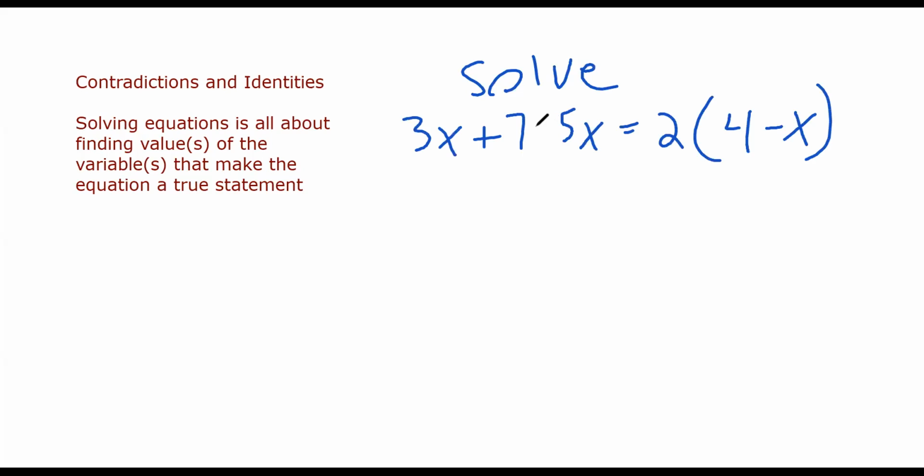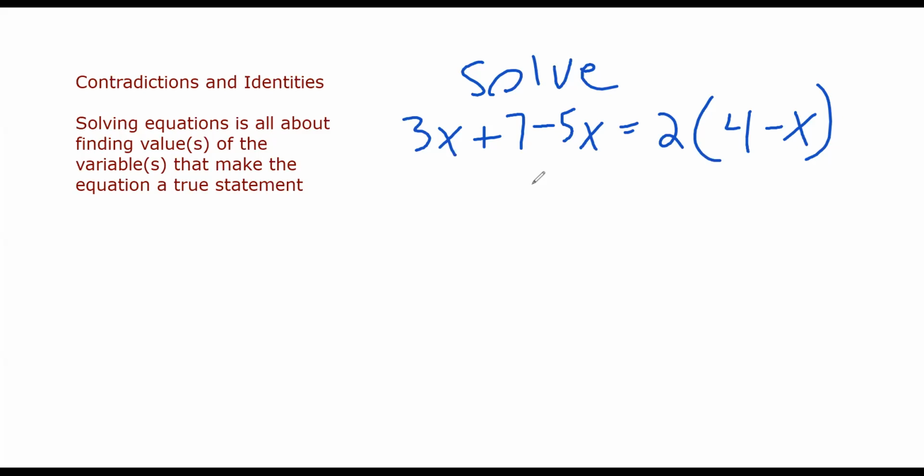That's a nice minus sign. There we go. So 3x plus 7 minus 5x on the left-hand side. 2 times, in parentheses, 4 minus x. So this is about as complicated a one variable linear equation as we're liable to solve.